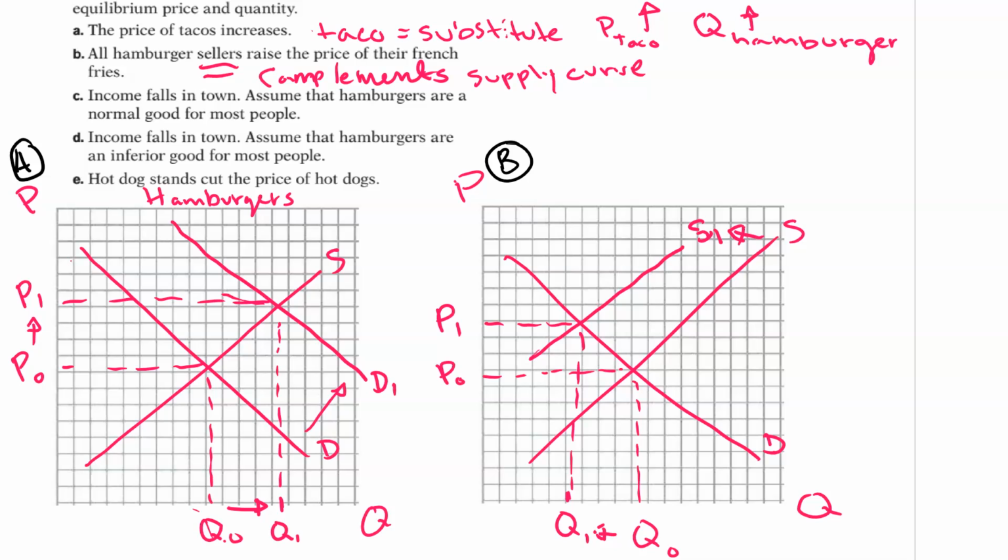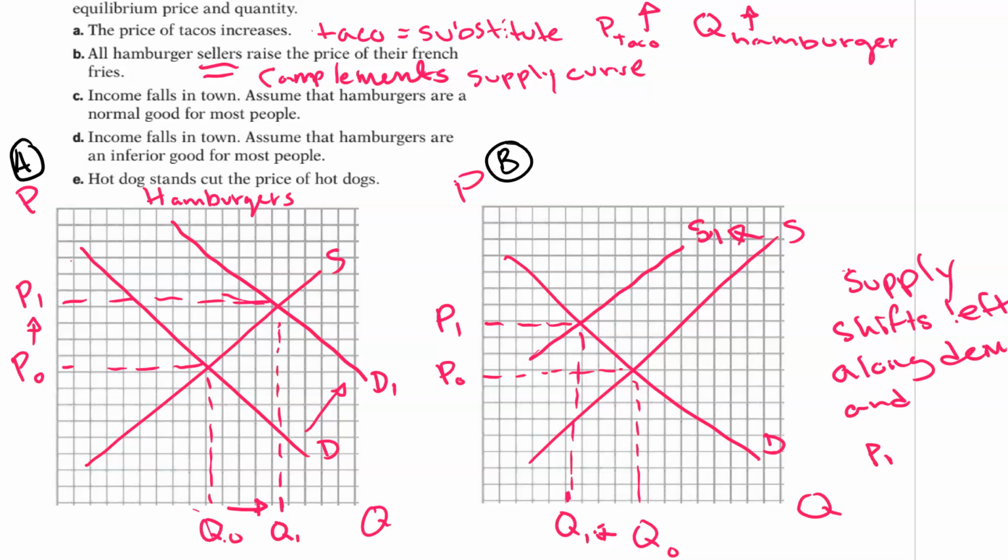So you would say supply shifts left, along demand, and then price increases, quantity decreases.